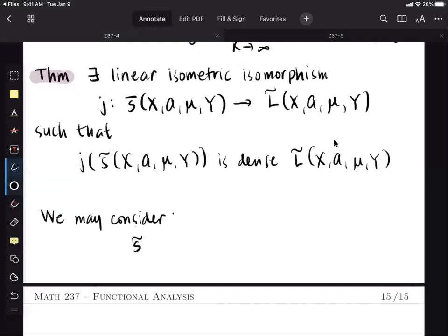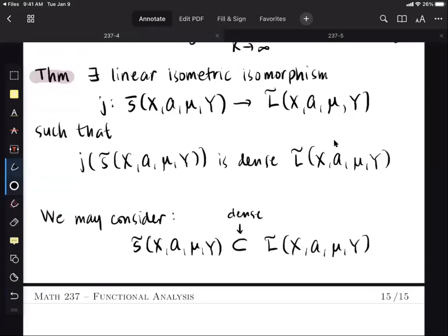So in this case, we may say that the set of simple functions is a subset, by which we mean precisely with respect to this mapping, after identifying the pre-image and the image of this mapping. And this inclusion here is dense. So simple functions are dense in the case of Lebesgue-Bochner integrable functions.